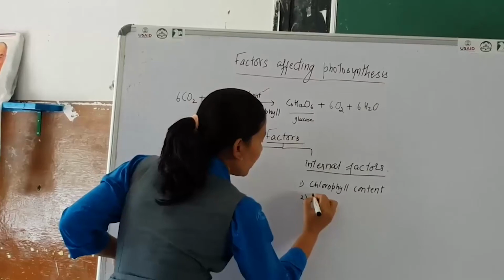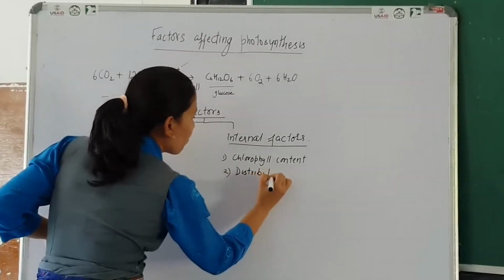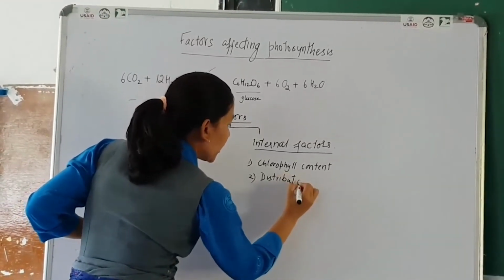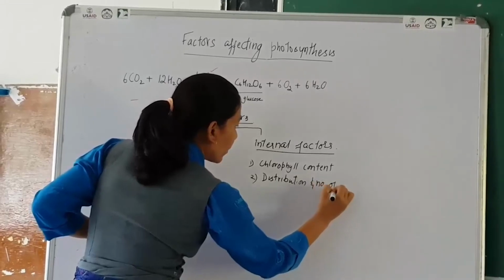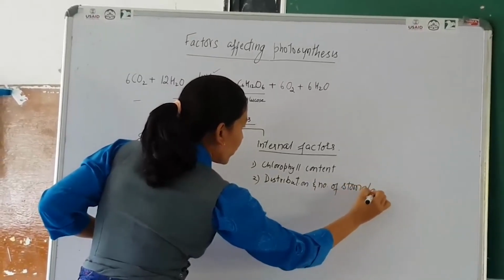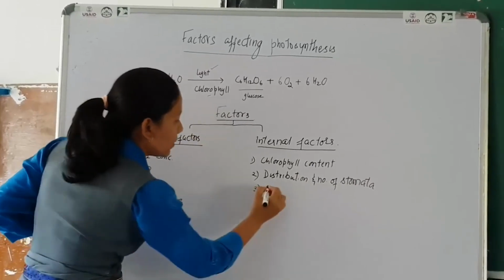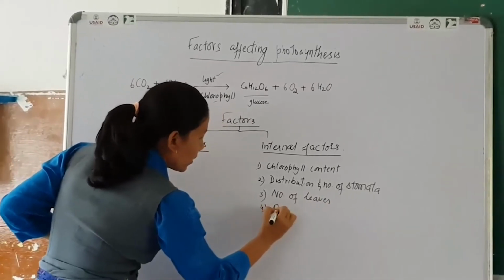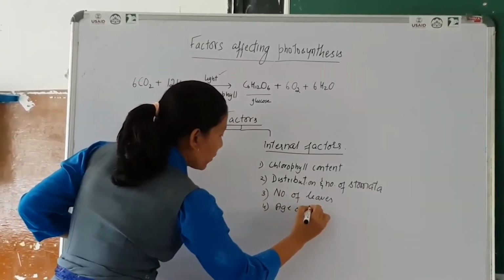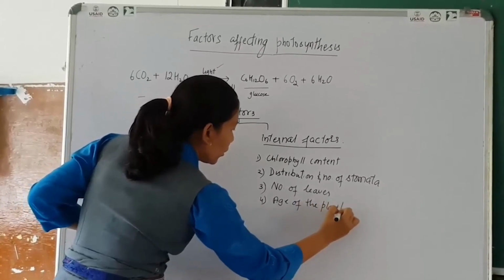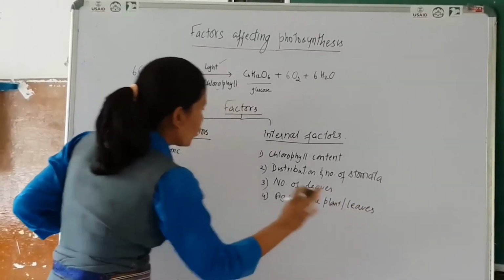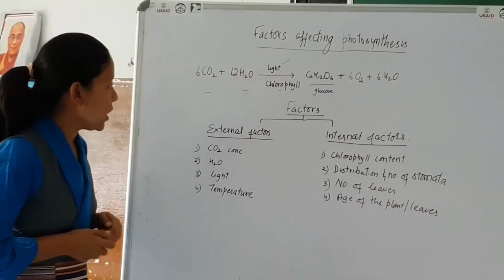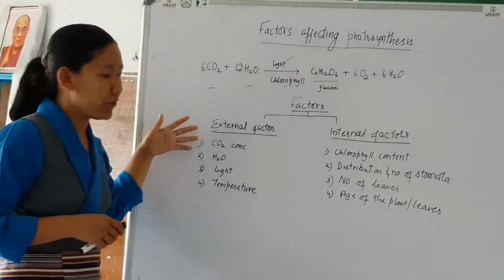So that is the distribution and number of stomata, and then you can say number of leaves, age of the plant or leaves, and so on. Okay, so these are the various factors affecting the rate of photosynthesis. So let us talk about the external factors first in detail.